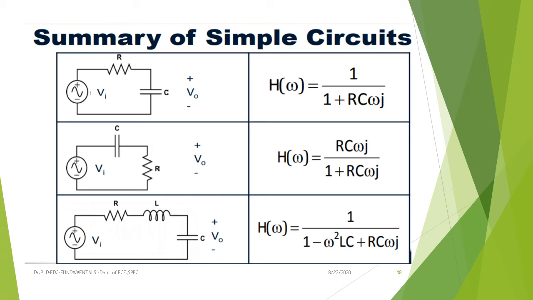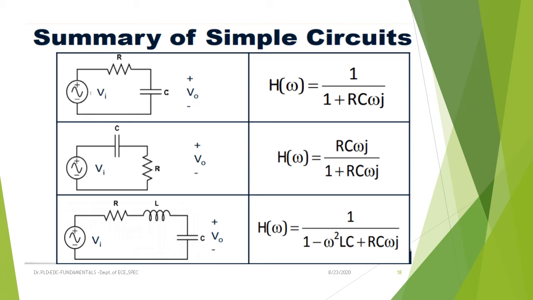Here we are observing a similar case, first with the output voltage across the capacitor C, that is V naught, where V equals 1 by C integral of I dt. That V naught plus the drop across the resistor, IR, plus the drop across the inductor, V equals L di by dt.